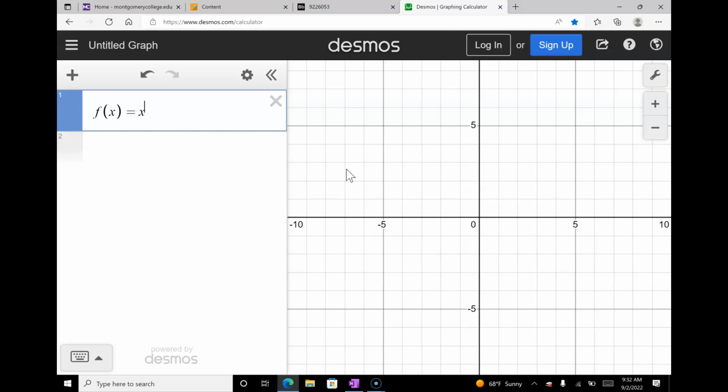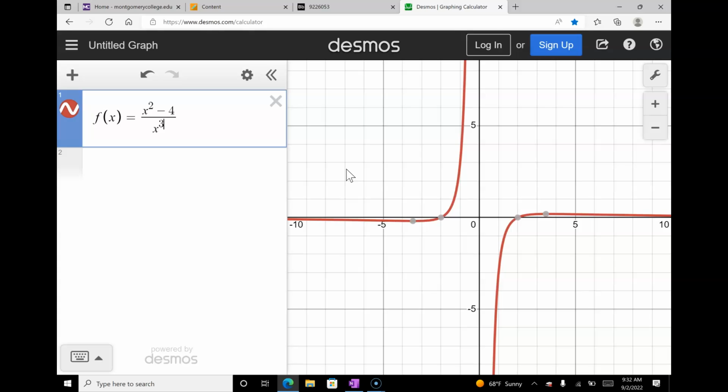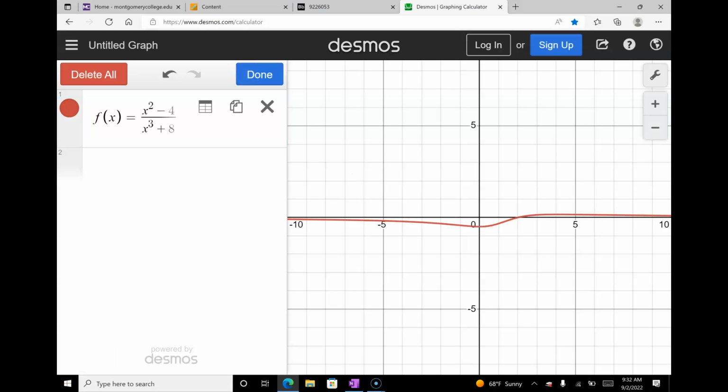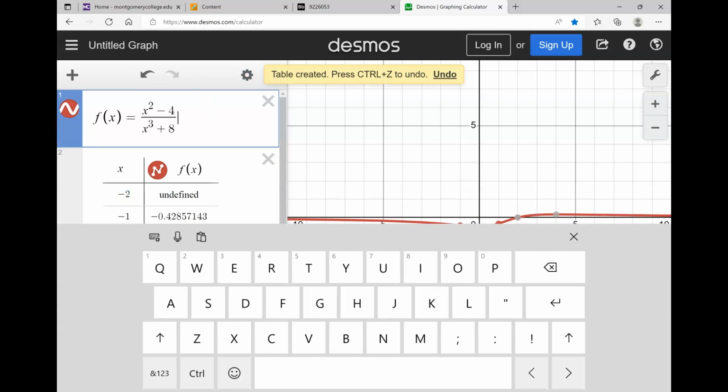Is that right? x squared minus 4 all over x cubed plus 8, right? And I already got an answer of, help me, 0.33, negative 0.3 forever, right? So I can start doing this. I hit the gear button, I hit the table button, and I'm going to negative 2, right?